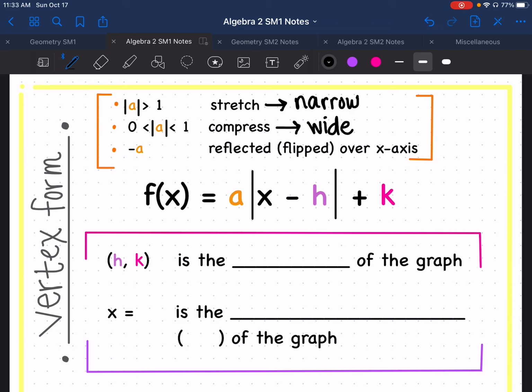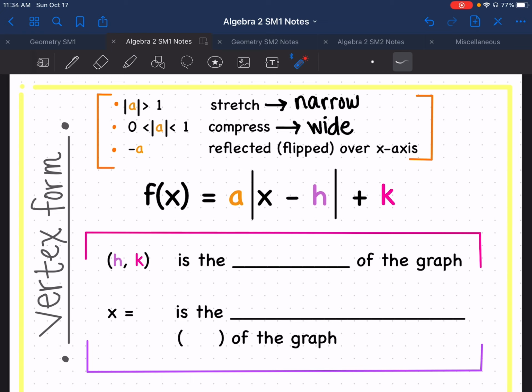Okay? If this A value happens to be negative, then it is reflected over the x-axis. Sometimes you see the word flipped instead of the word reflected. But for your assignment today, I did use the word reflected when A was negative. Just a reminder, I did use the word reflected, not the word flipped.